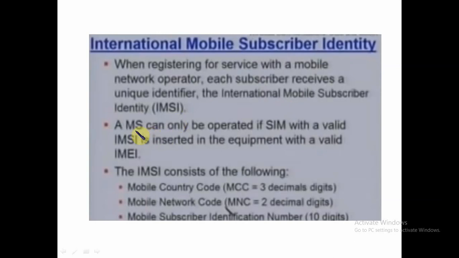A mobile station can only be operated if a valid IMSI is inserted in an equipment with a valid IMEI.